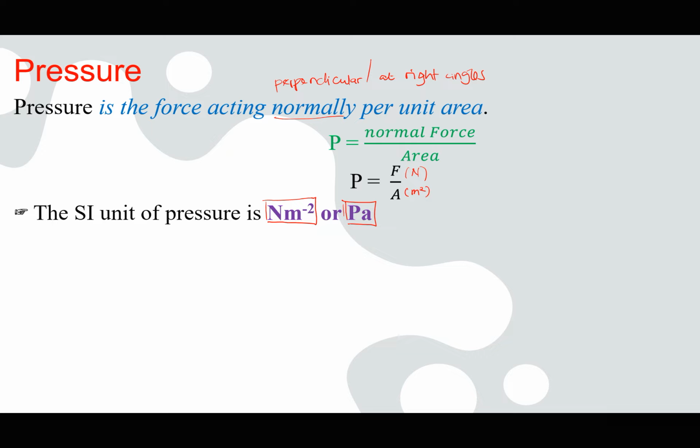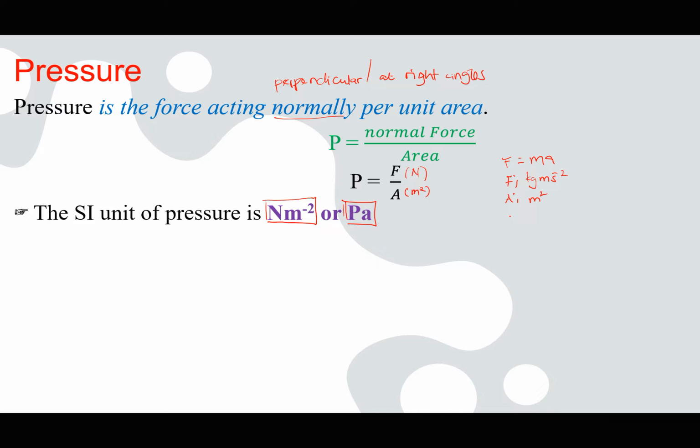So, because we know that force could also be mass times acceleration, the units of force could be for mass, which is kilograms, and for acceleration, which is meters per second squared. And the units of area are already meters squared.